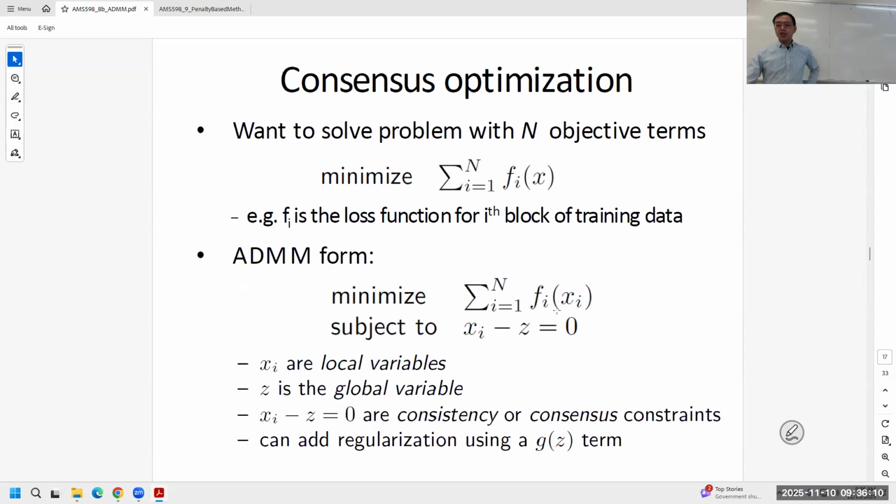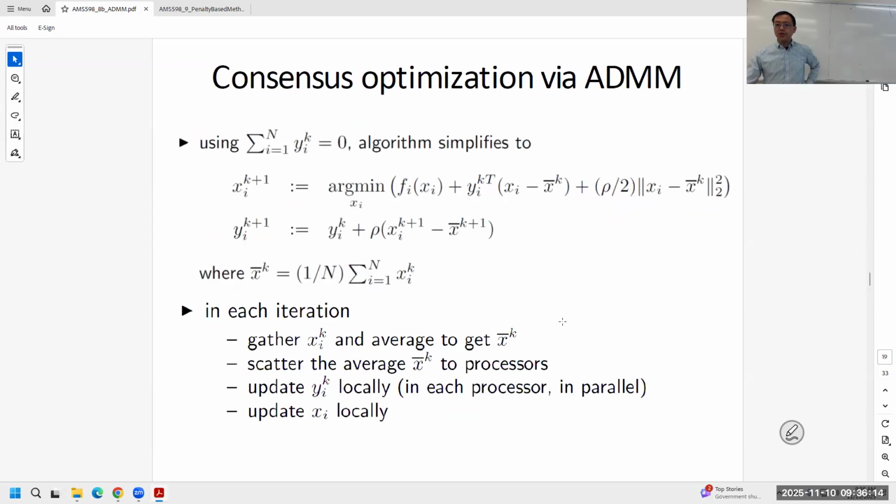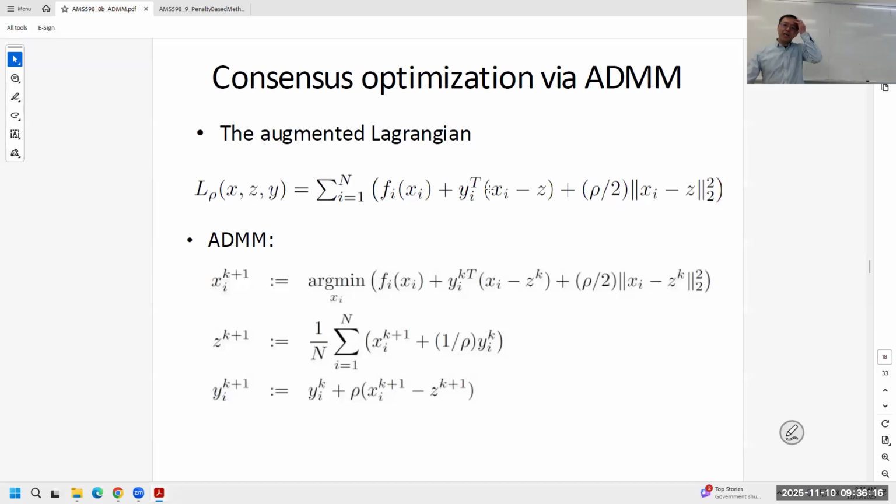So each segment of data has its own constraint, and therefore your Lagrangian parameter y has a subscript i here. Z is the so-called consensus, your ultimate target. That's because when every xi reaches a consensus, then z is your global optimal point.